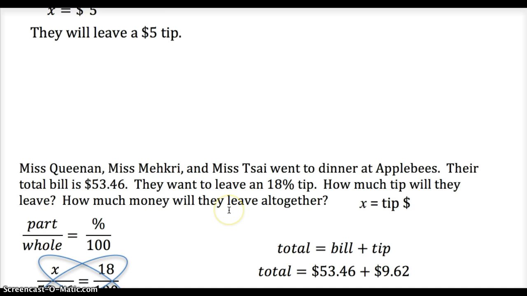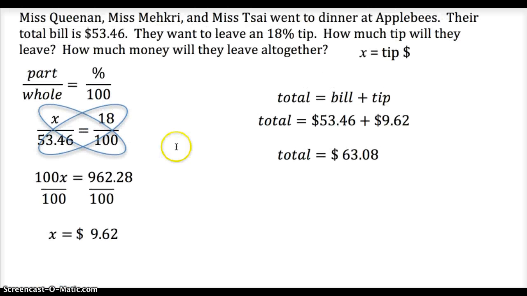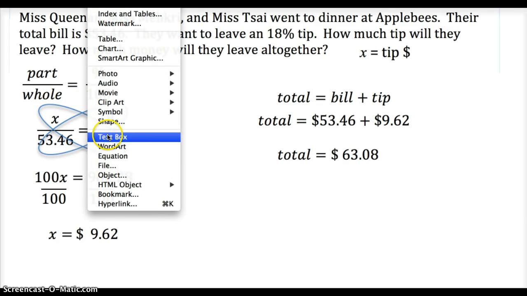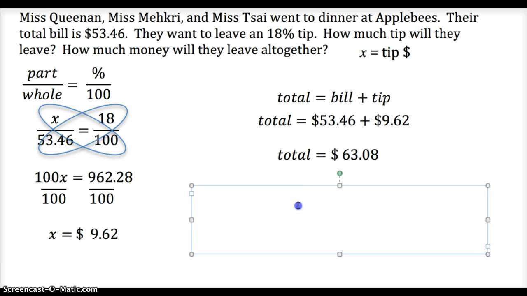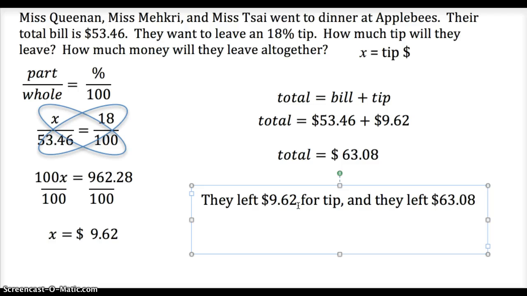And don't forget that you should write it out in complete sentences. So we're going to say, they left $9.62 for tip, and they left $63.08 all together.